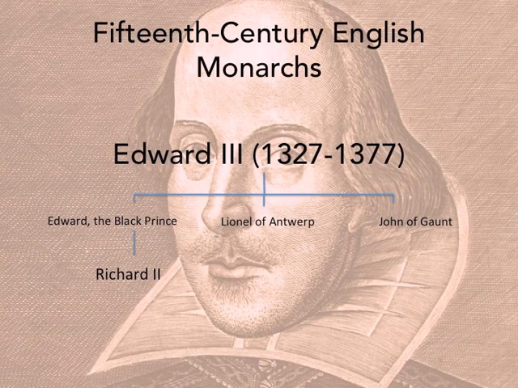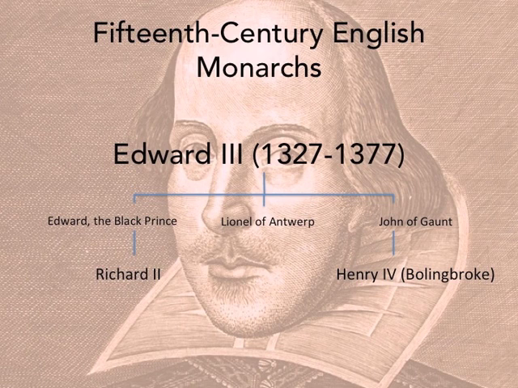So in 1399, when John of Gaunt, this would be his uncle, remember, Edward III's youngest son, died... John of Gaunt, by the way, had been a very powerful man in England throughout the 14th century, and especially when Richard was young, John of Gaunt was probably the most powerful man in England, more powerful than Richard himself. But when John of Gaunt died, Richard had all of John's lands confiscated rather than allowing that property to go to John's heir, who was named Henry and often called Henry Bolingbroke because he had been born at Bolingbroke Castle.